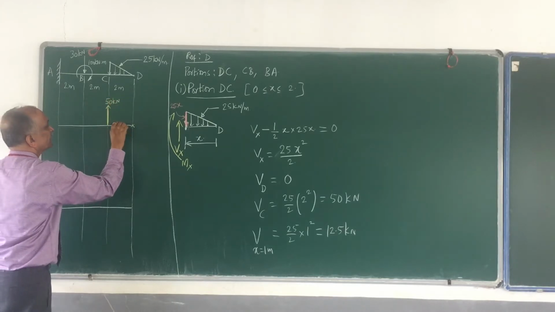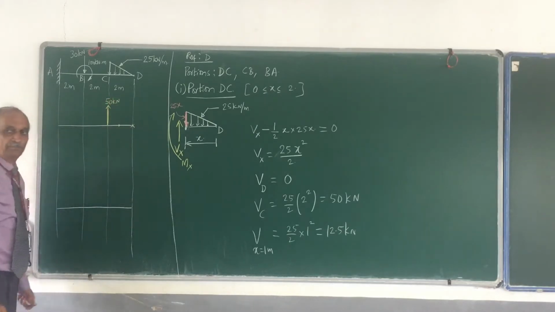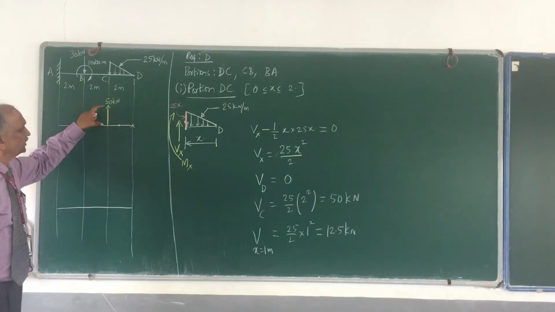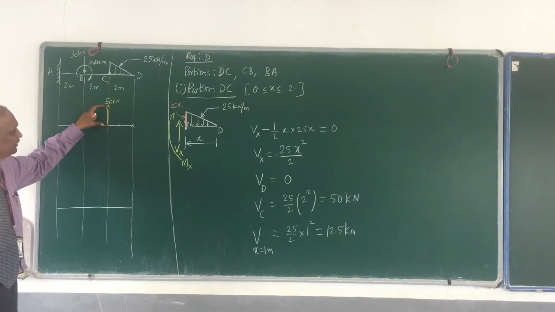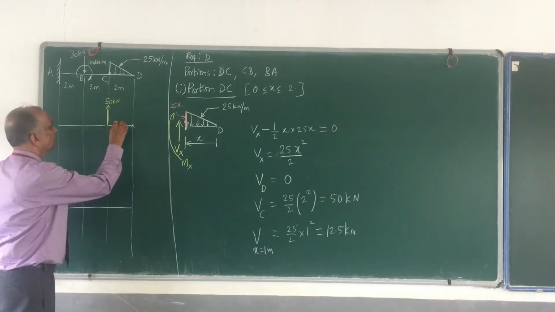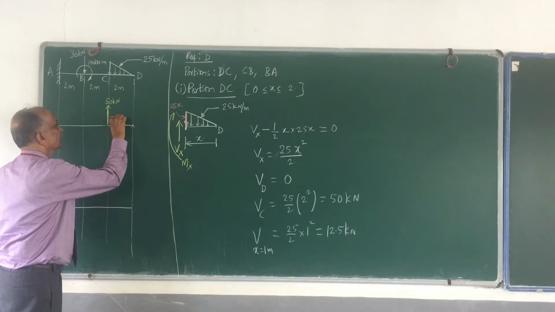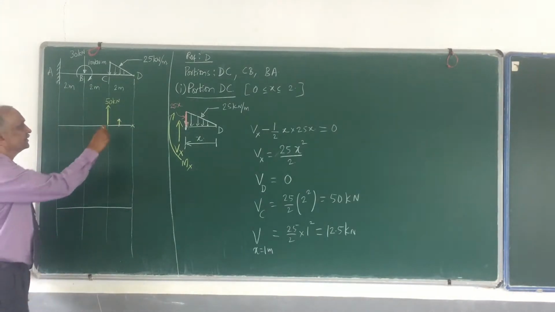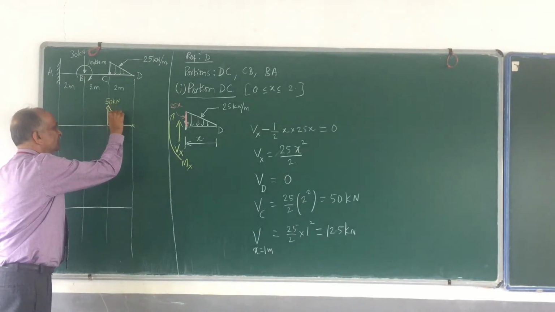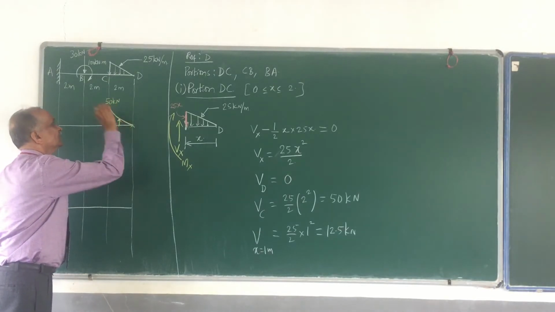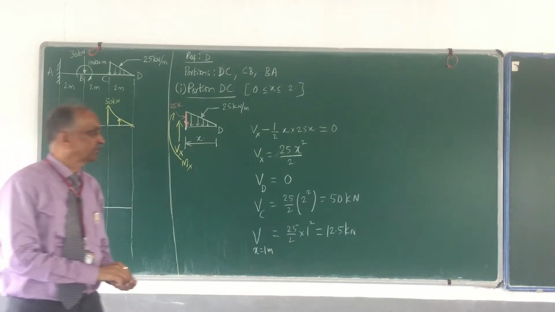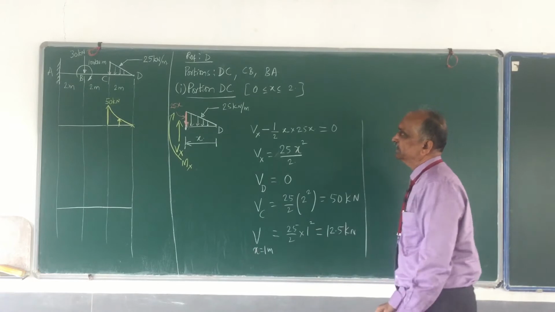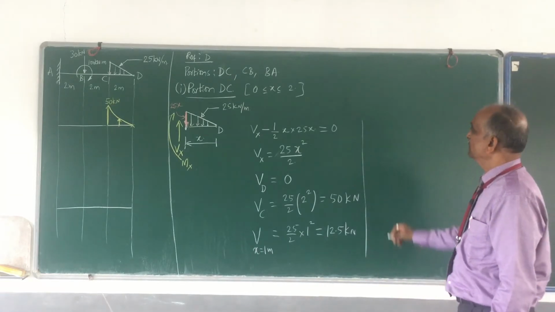And somewhere in between, at the midpoint, its value is 12.5. 12.5 is 1/4 of 50, so whatever the length you have, draw 1/4 of it. And therefore, how does the curve vary? It varies like this. So this is the shear force diagram for the portion DC.